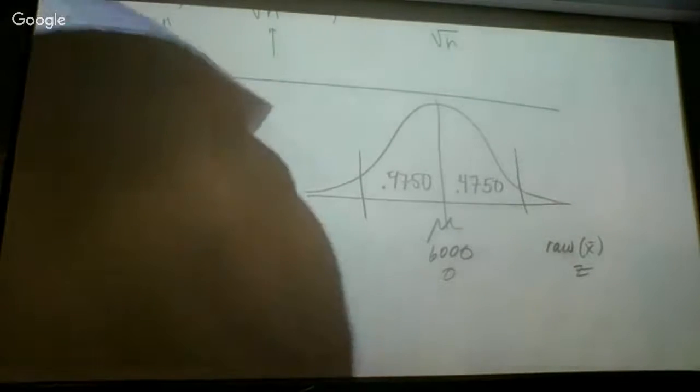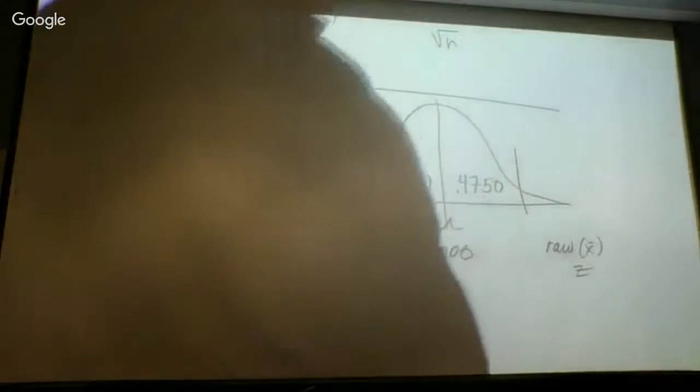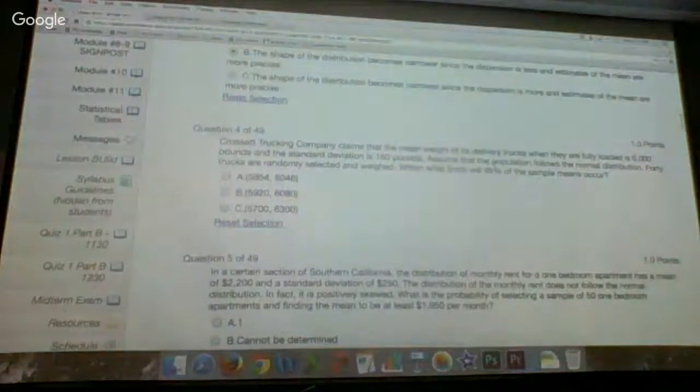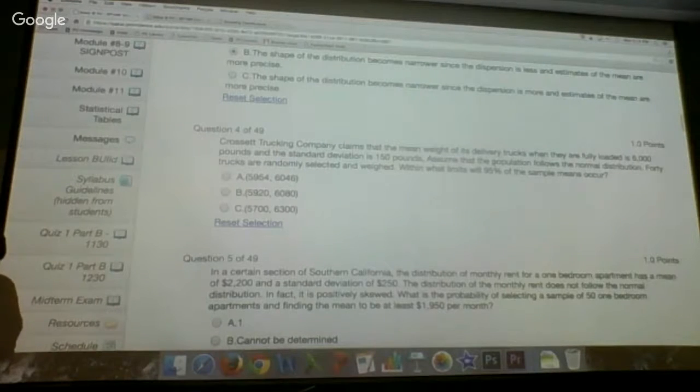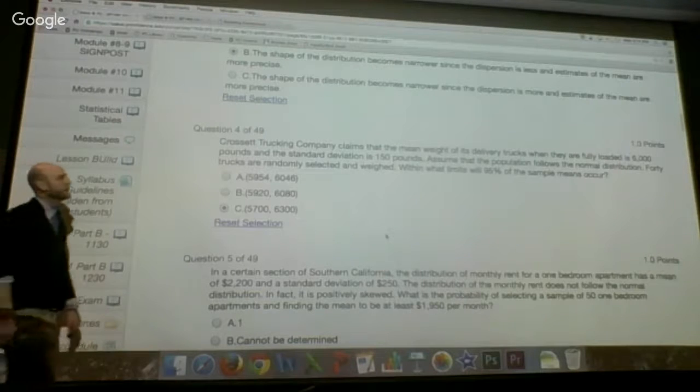We can look back at our question. We know we're going to be working in some sort of round numbers here. We know that this case is the wrong case, that 5,700 to 6,300 is far too wide.